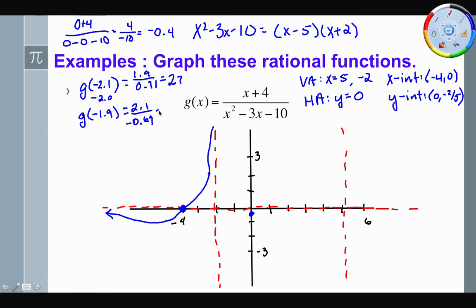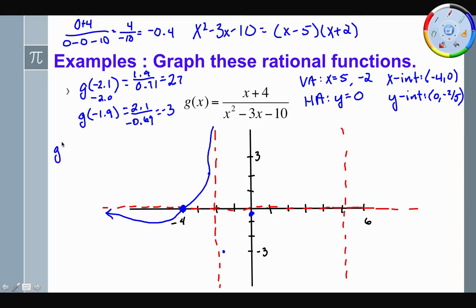And I get about -3. So that means it's going to be right about here. Now, there are some things that I could do with this particular one, but I need to actually figure out where the other stuff is happening.